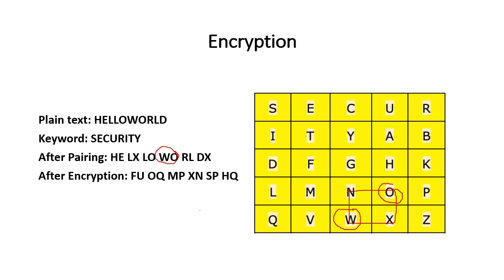Instead of W, we replace it with X, and instead of O, we write N. So WO is replaced with XN. Then next we consider the next pair, that is R and L.